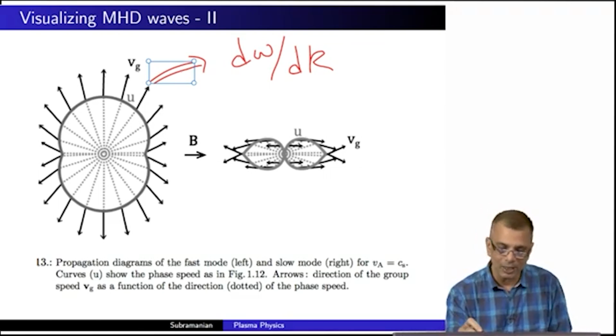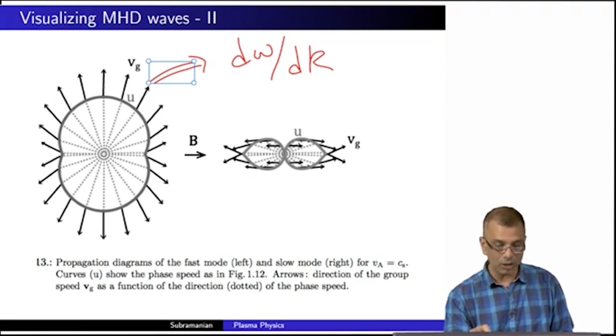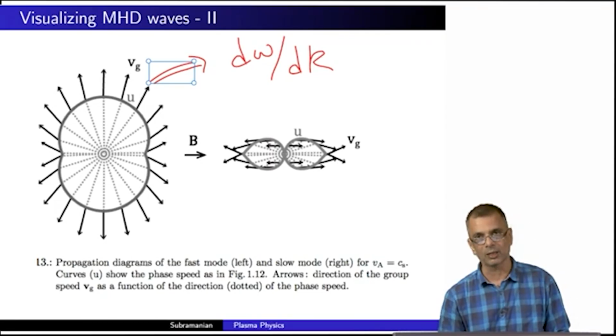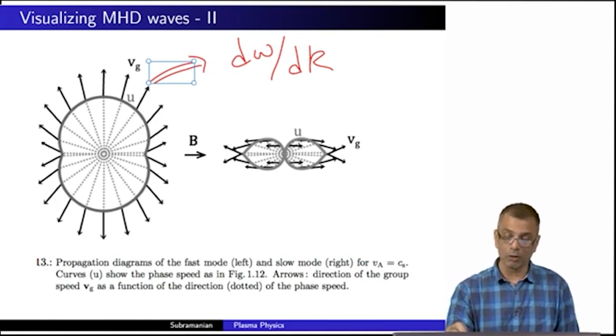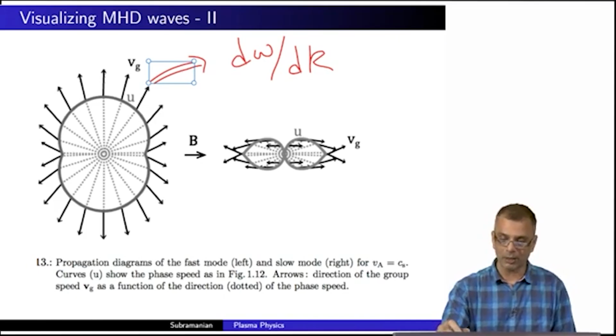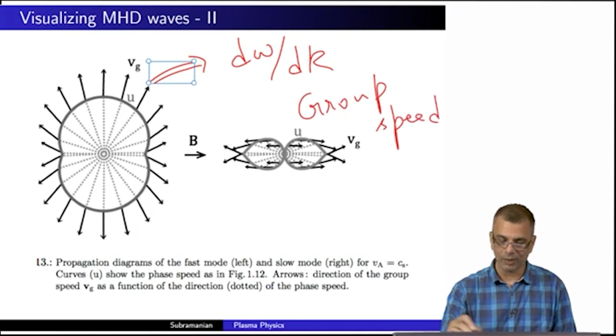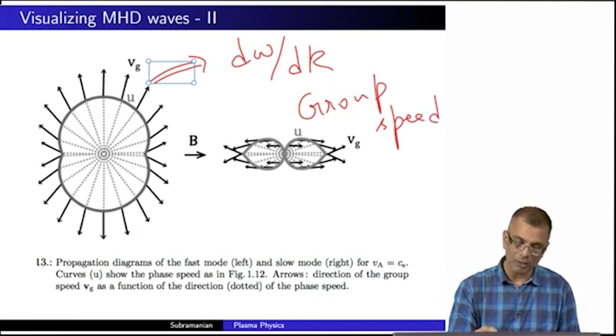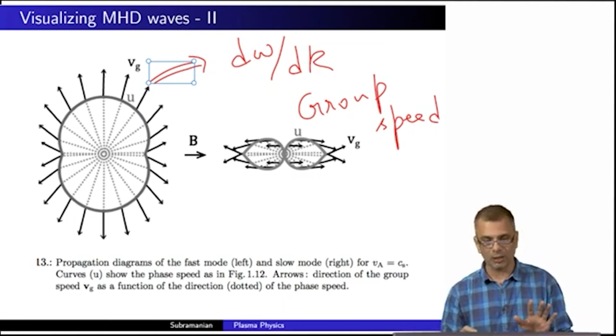So you can clearly see that d omega dk, the solid arrows, are not in general the same as the dotted lines. The solid arrows give the group speed, and the phase speed is simply omega over k, which is given by the dotted lines. They do not necessarily coincide.